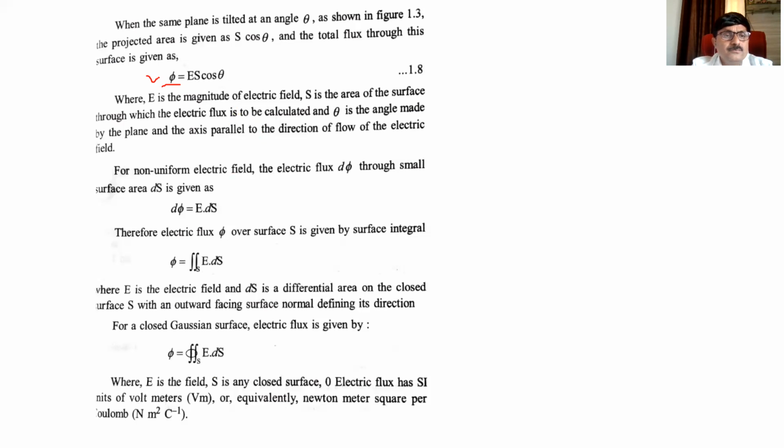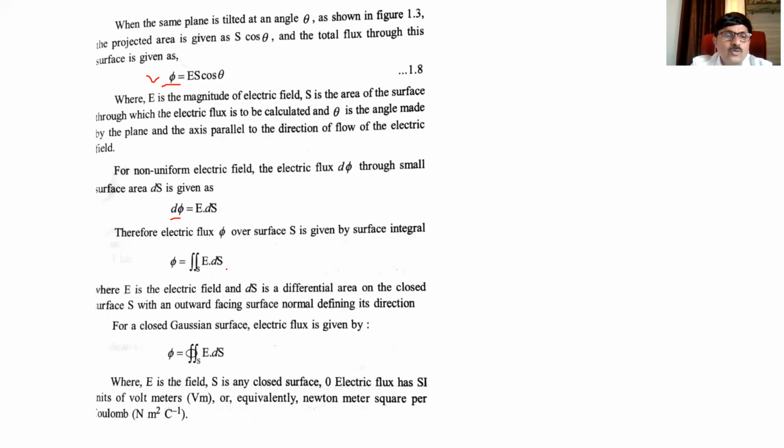If the field is non-uniform, then we have to calculate the flux through a small surface area, and that flux is given as d phi equals E dot ds. The total flux is calculated over the entire surface by taking the surface integral of E dot ds.